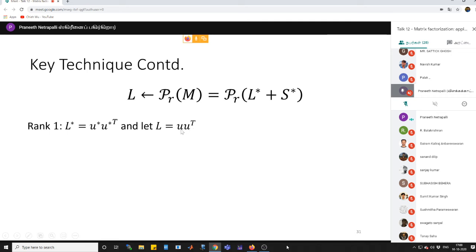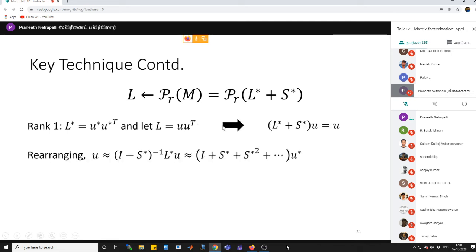Because U is an eigenvector of M, we see that M times U will again be equal to U, and let's say the eigenvalue here is 1, because the eigenvalue is 1 here. In general, it will not be exactly equal to 1, but close to 1. But let's say it's equal to 1 for the sake of simplicity. So L star plus S star times U is indeed equal to U, right? Because U is an eigenvector of M.